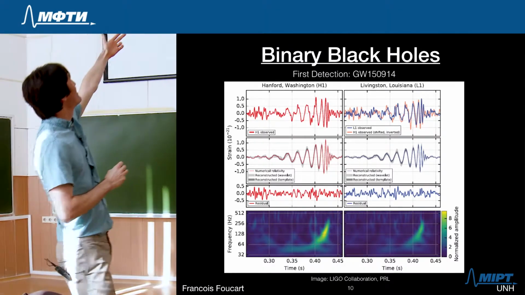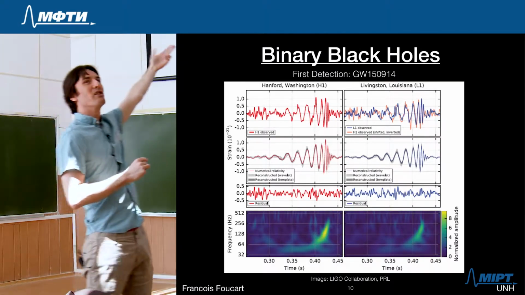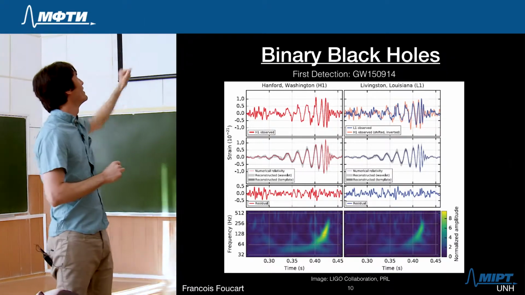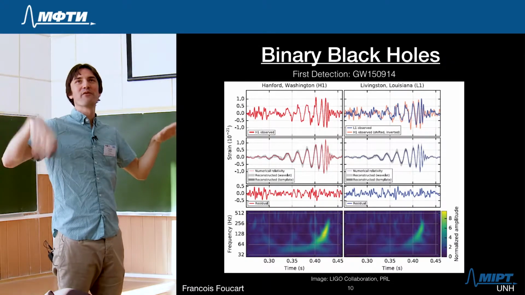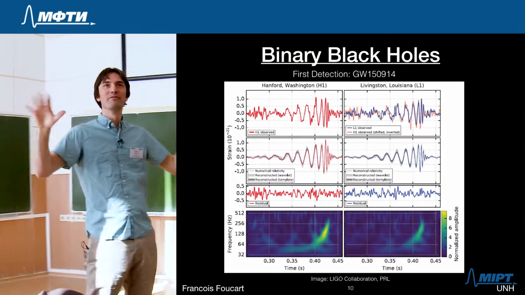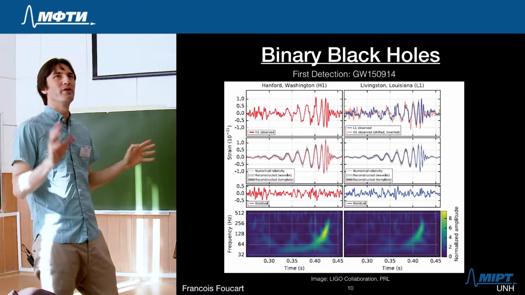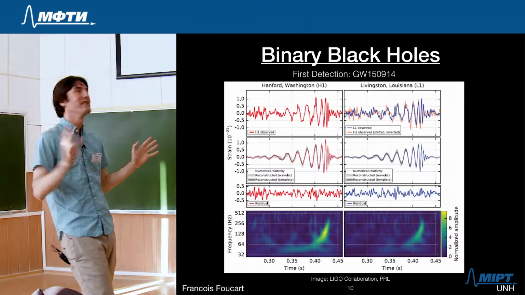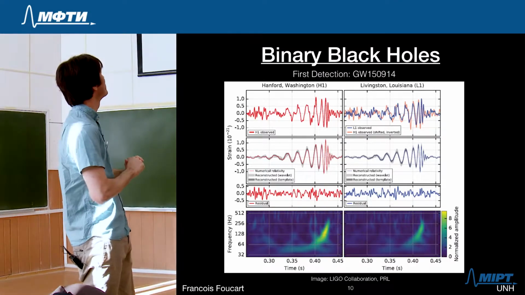So what you see here at the top is what the signal looked like more or less in the detector after you clean up the low and high frequency part of the signal where there is a lot of noise. But that's all you need to do for this signal, which is very, very bright as far as gravitational waves are concerned.